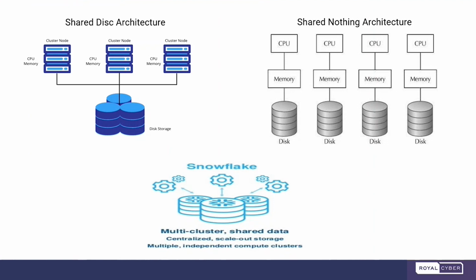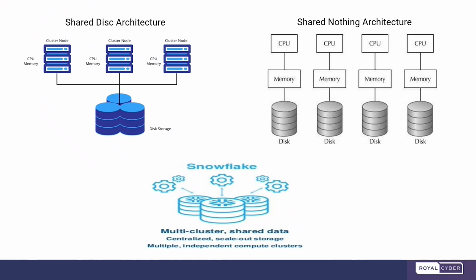Okay, so before digging into Snowflake's architecture, I think it's of paramount importance that we first understand shared disk architecture and shared nothing architecture, because Snowflake's architecture is a hybrid, so it takes a hybrid approach.